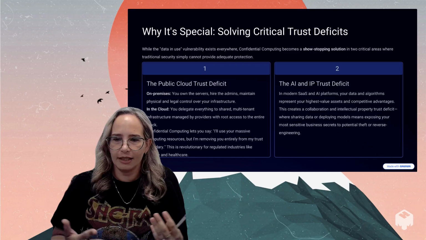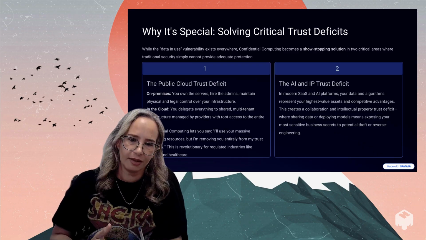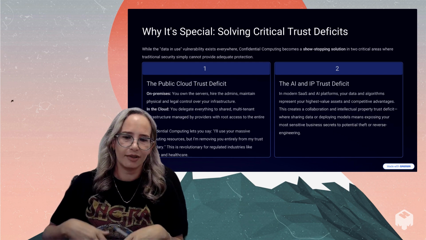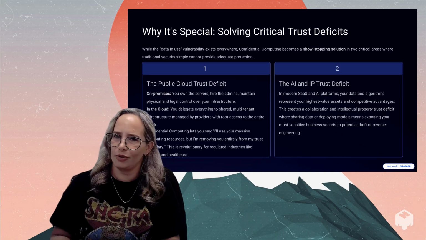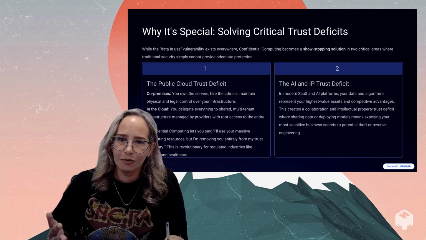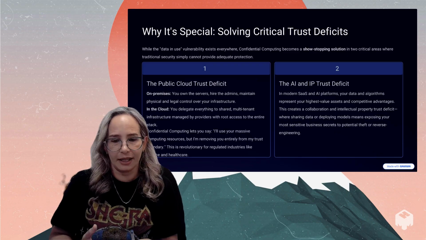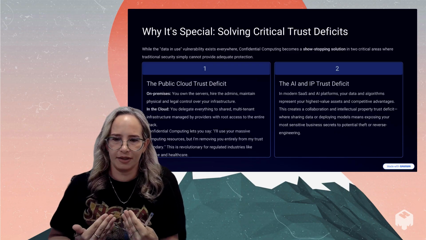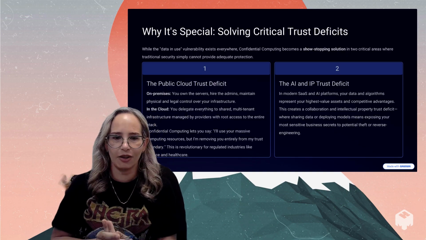So in the cloud, after you delegated all of that, you are placing your sensitive data in a shared multi-tenant infrastructure somewhere in the world, managed by a provider who, to a certain extent, has God mode or root access into your entire stack. This creates some kind of trust deficit between the customer and the provider, which is you, the data owner.